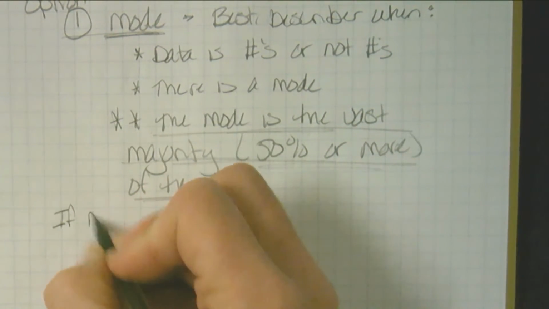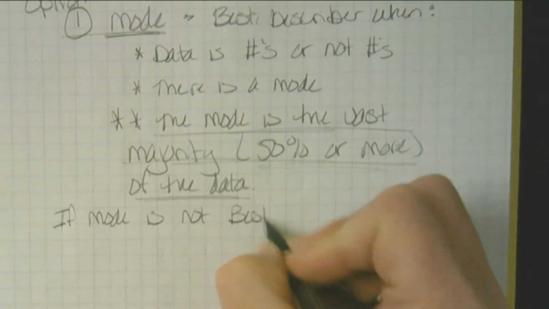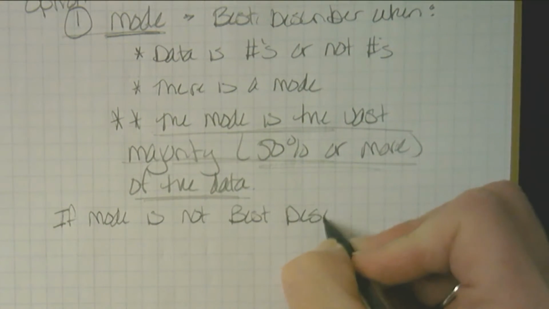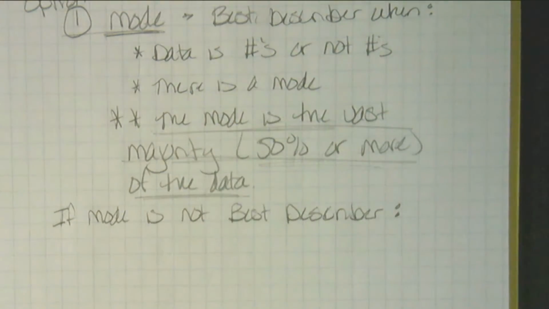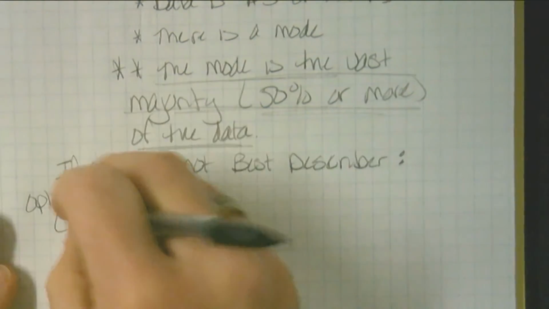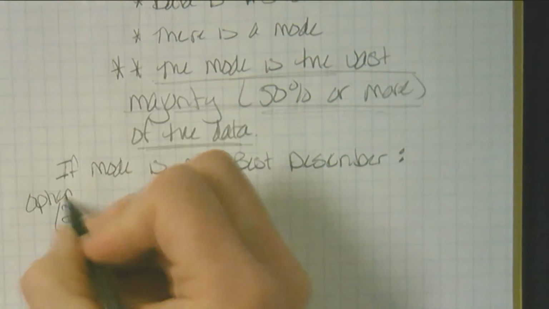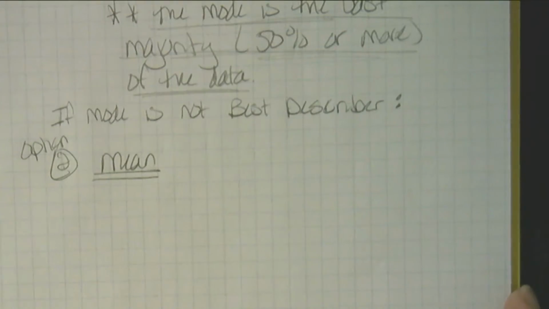All right. Now, here's this thing. If mode is not best describer, which means it doesn't meet these qualifications, then your next option, option 2, is going to be mean.